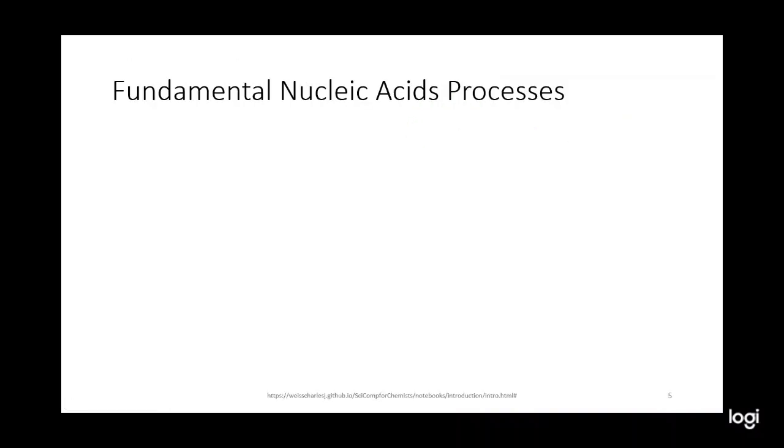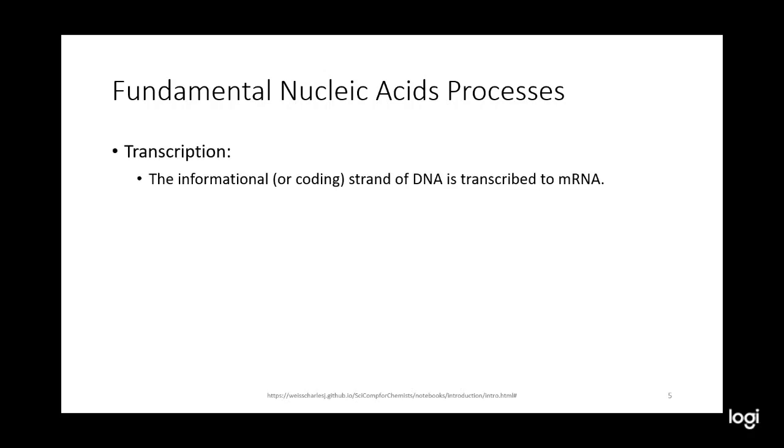In molecular biology, transcription, translation, and replication are essential processes that drive gene expression and DNA duplication. Let's break them down. Transcription: the coding strand of DNA serves as a template to synthesize messenger RNA, mRNA.